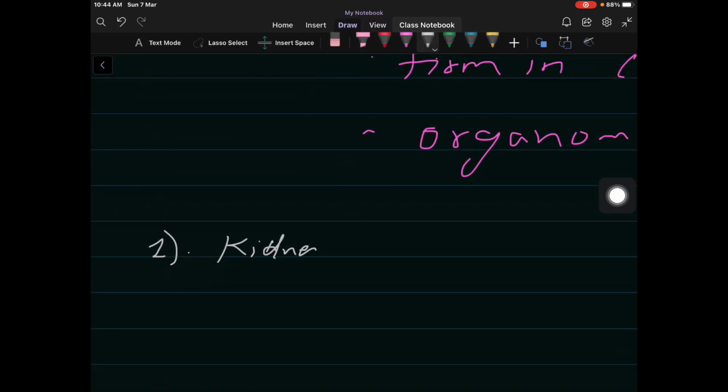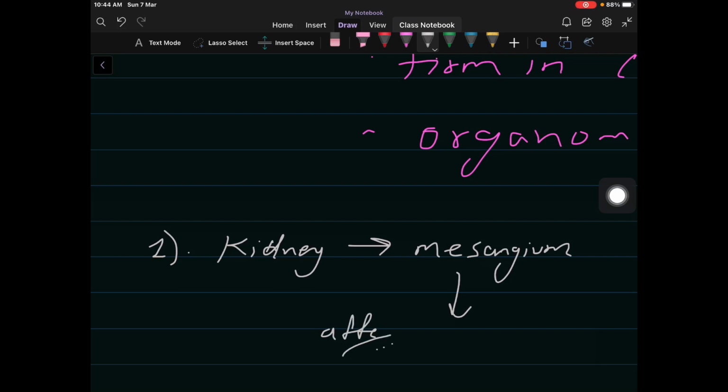First organ, the kidney. The most common part involved is the mesangium. It can also affect the walls of capillaries and arterioles.